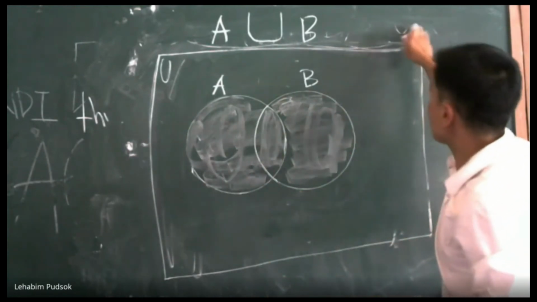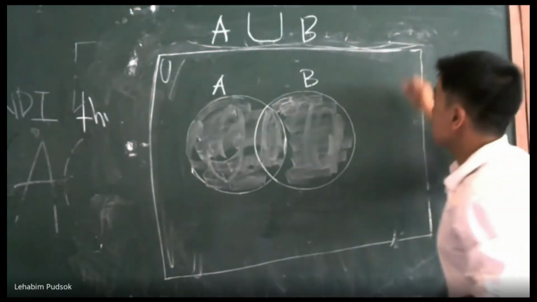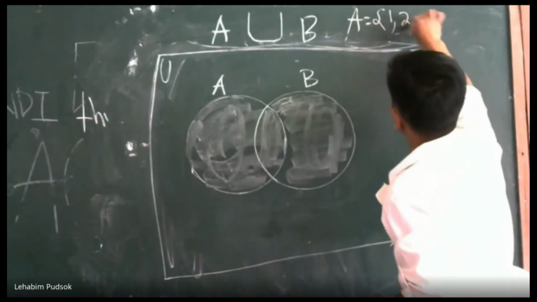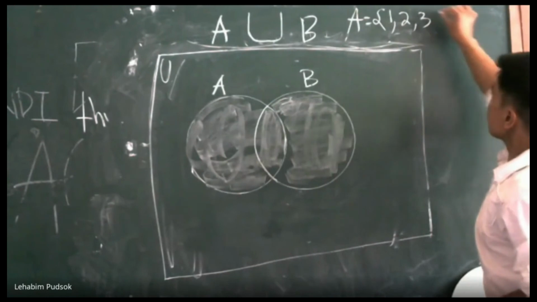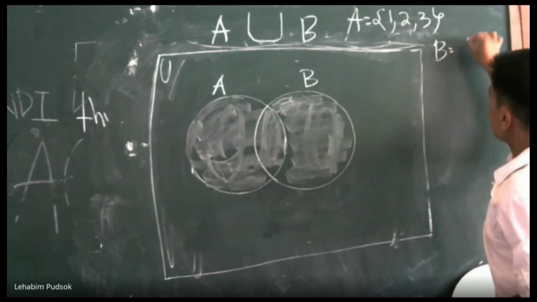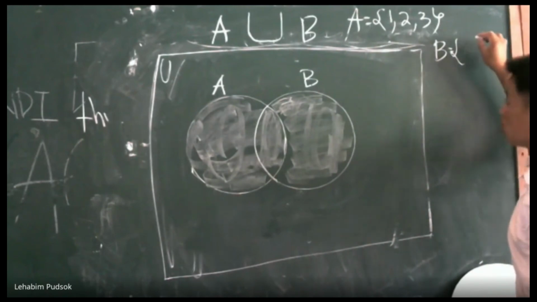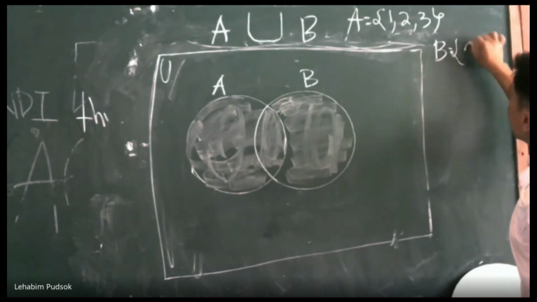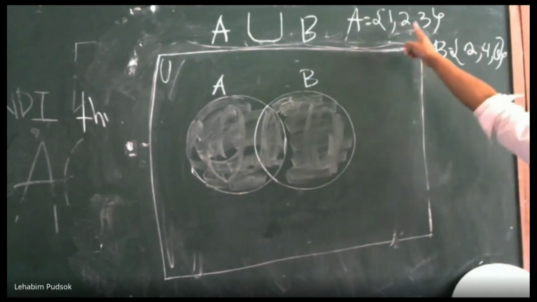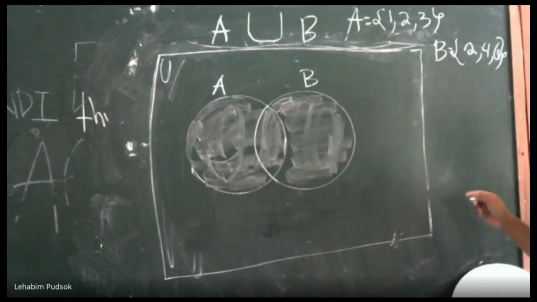So for example, we will put elements. A is equal to 1, 2, 3, and set B is equal to 2, 4, 6.